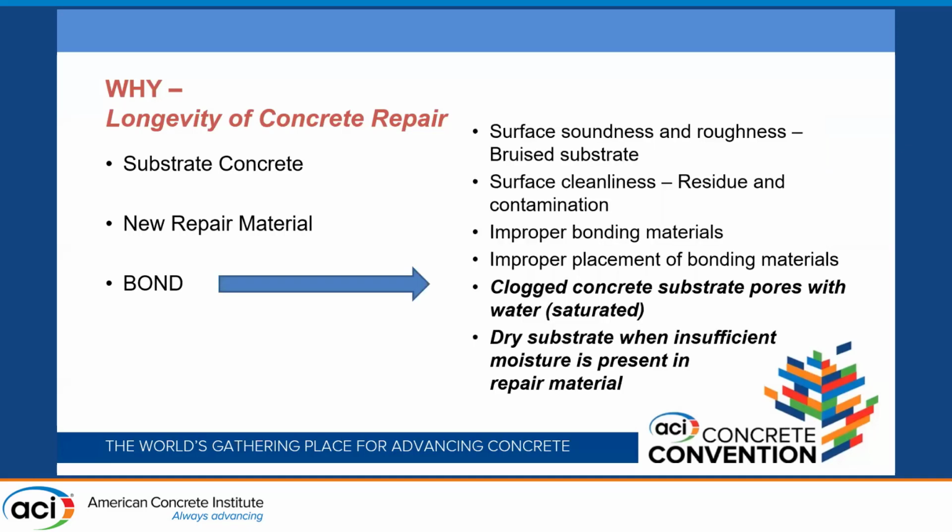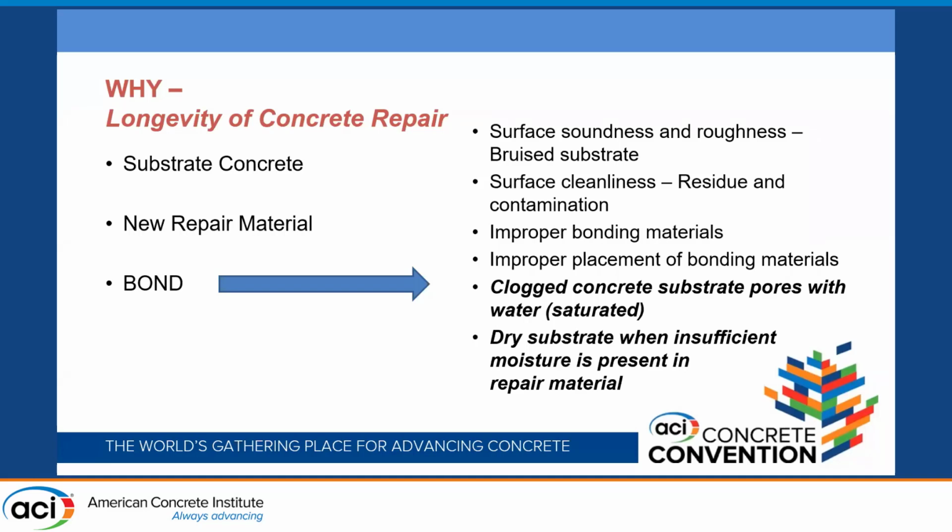There's another thing about the bond. Michael talked about the bruise condition of the substrate, which could cause failure of the bond, and failure of the repair. And then there's the potential residual contamination on the surface that will affect the bond and the bonding material that we typically use at the interface.